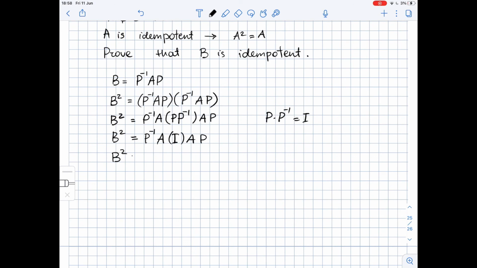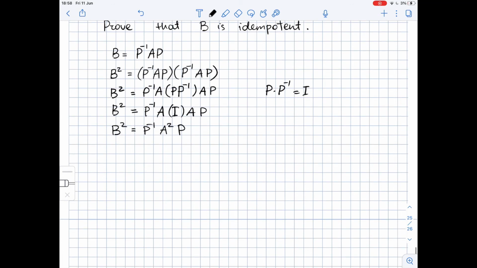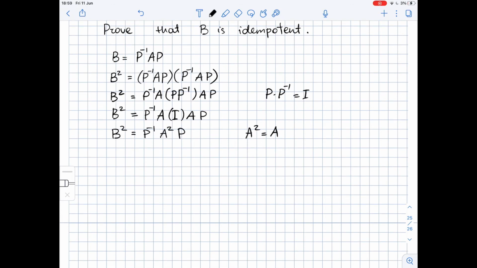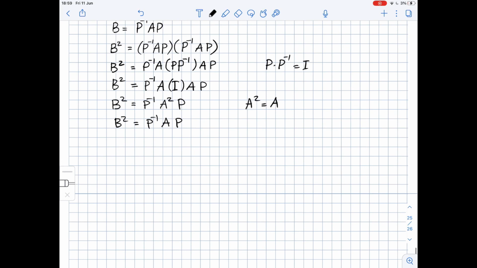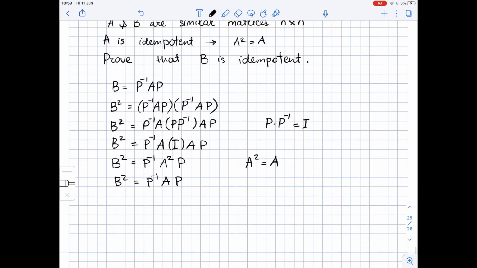So we get that B squared equals P inverse times A squared times P. Since we know that A squared equals A, because A is an idempotent matrix, this means that B squared equals P inverse times A times P. And from the very beginning, we get that the same thing.